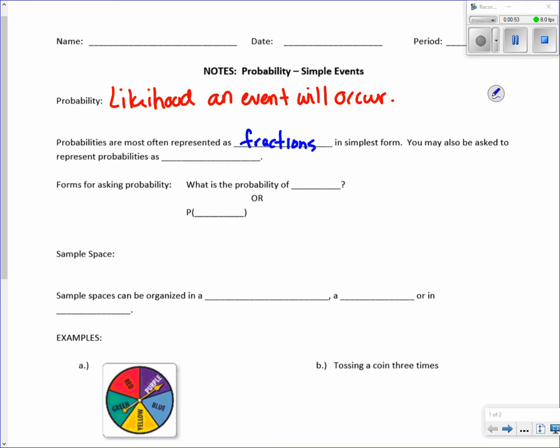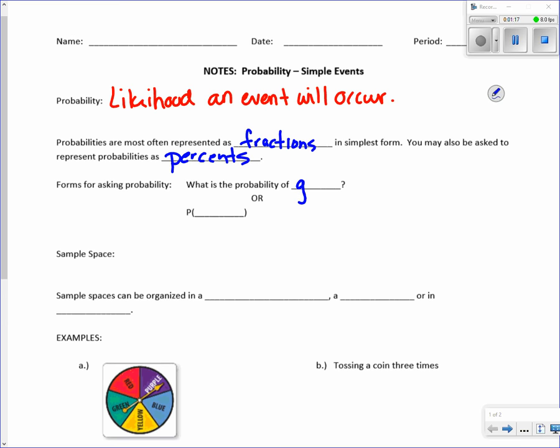So she led into our next fill in the blank. It says probabilities are most often represented as fractions in their simplest form. You may also be asked to represent probabilities as percents. Forms for asking probability: What is the probability of green?